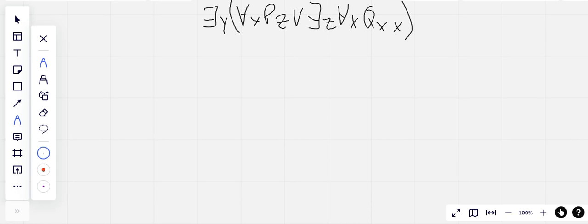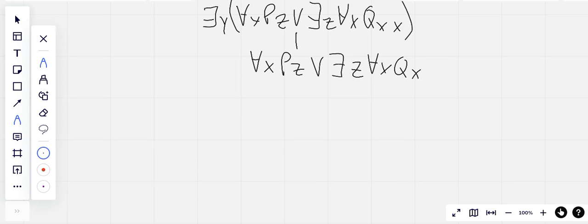When we're evaluating parse trees, what we overall want to do is evaluate what the main connective or quantifier is. Here, it's this exists y. So we're going to just get rid of that and take whatever's left behind. That's for all x Pz, or there exists a z such that for all x Qxx.